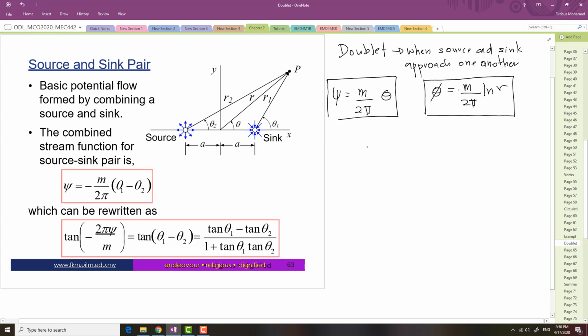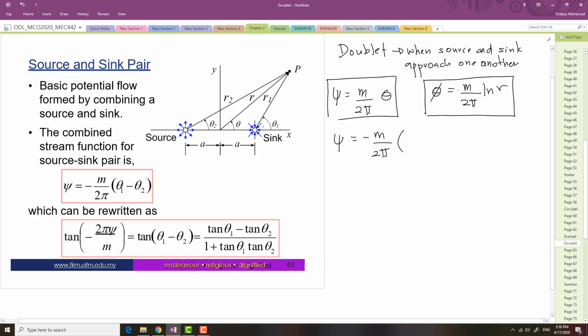Okay, so to combine the stream function for source and sink, we develop based on psi, the stream function. So psi equals negative m over 2 pi. Which one is negative?